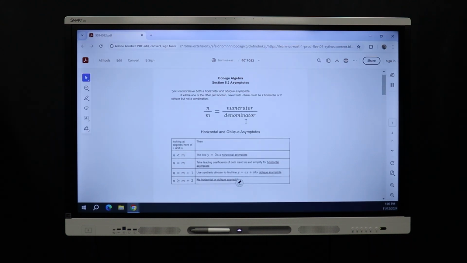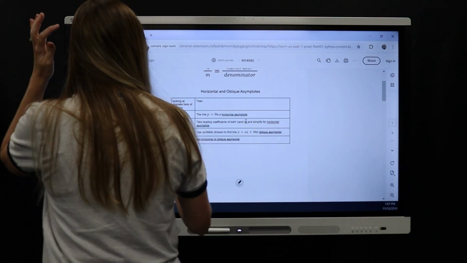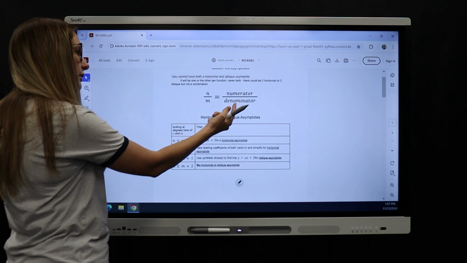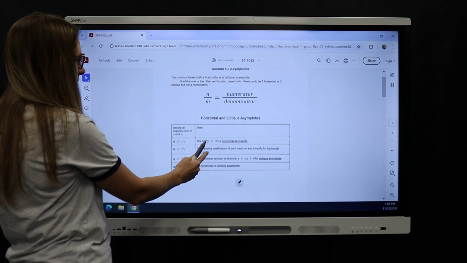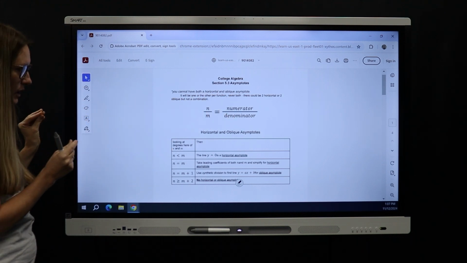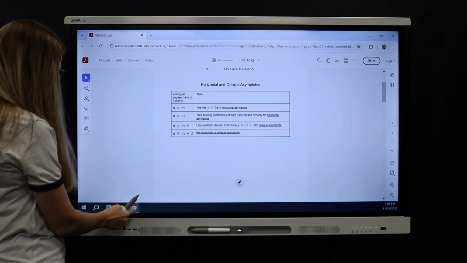So, x minus this one. Okay, so our N is 1 and our M is 2. So that means our numerator is less than our denominator because N stands for numerator, M is denominator. Remember, you either have horizontal or oblique, you don't have both. So our line is horizontal asymptote at y equals 0.